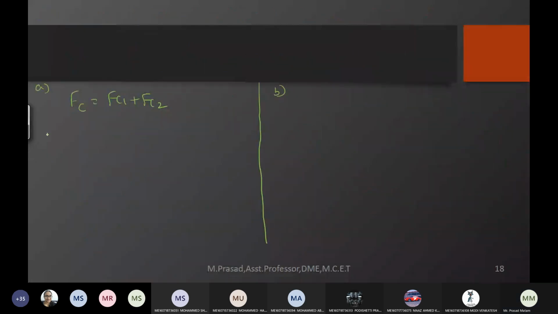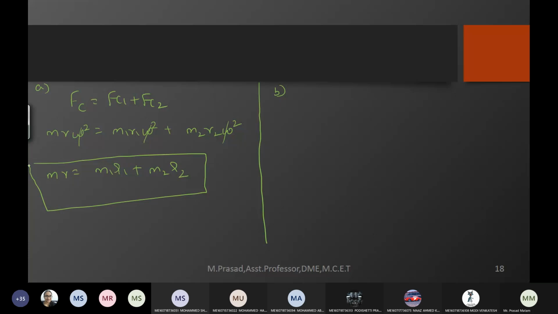How can we write Fc? M R omega square is equal to M1 R1 omega square plus M2 R2 omega square. Since the shaft rotates at constant speed, omega is constant, so I am removing omega. What condition am I getting here? M R is equal to M1 R1 plus M2 R2. This gives the condition of balancing.